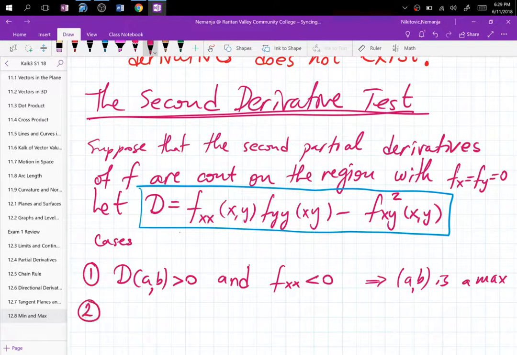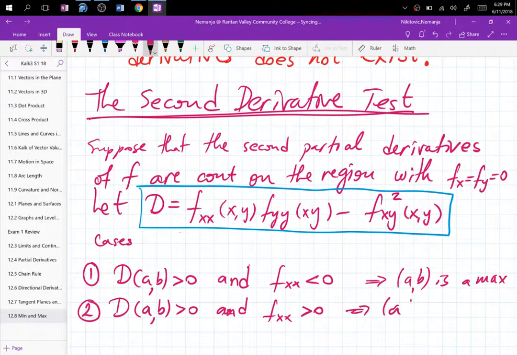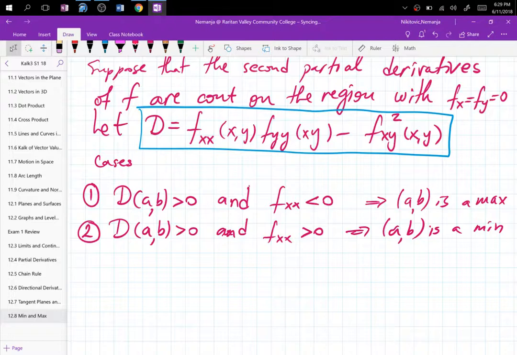Number 2. D larger than 0 and fxx larger than 0. Then in that case, (a, b) is a min. Number 3.